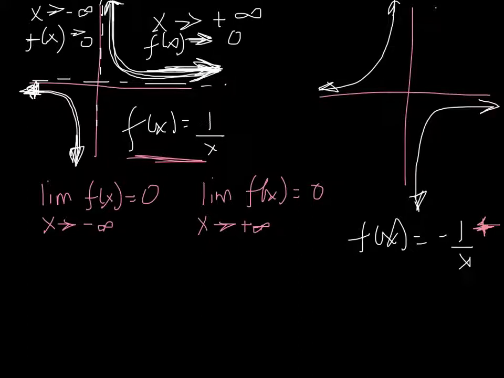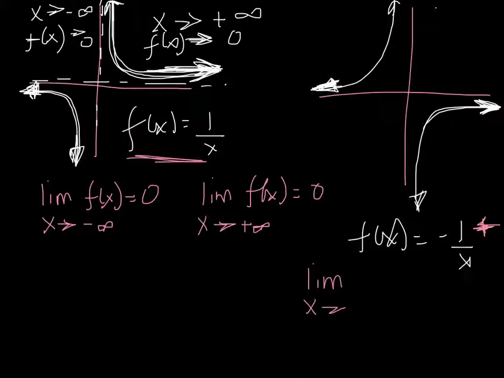Again, it's asking us what's going on when x gets more and more positive, what are my y values doing, and then as x gets smaller and smaller, as it goes to my left, as my x's get more and more negative, what's going on there? I'm just going to skip straight to the limit notation.